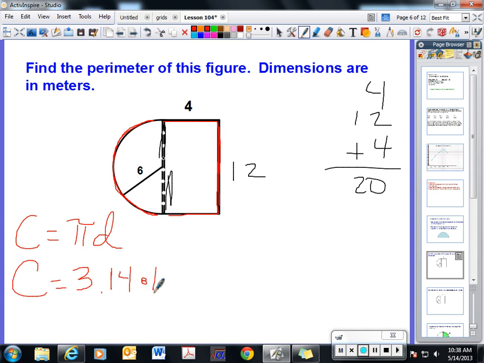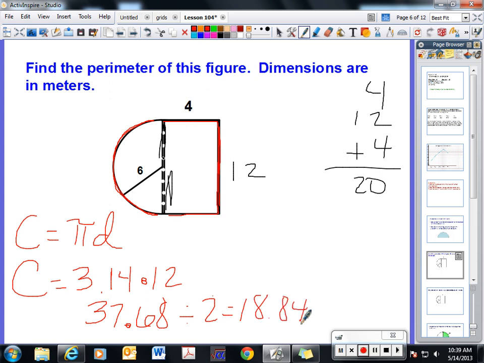The diameter is 12. And that gets us 3.14 times 12, 37.68. Now, that's the entire circumference of the circle. We only need half of it because we have a semicircle, so we're going to divide that by 2. And it comes out to be 18.84.